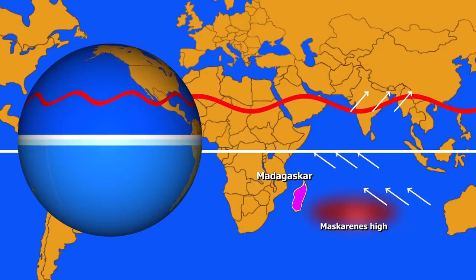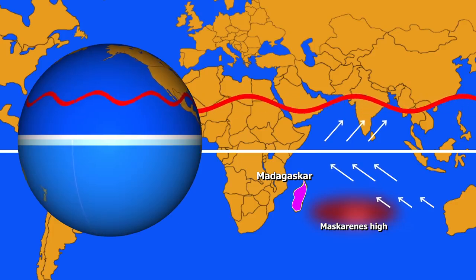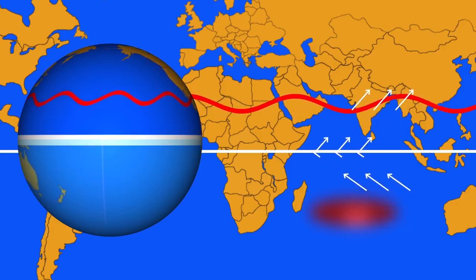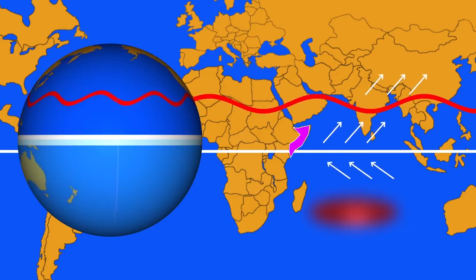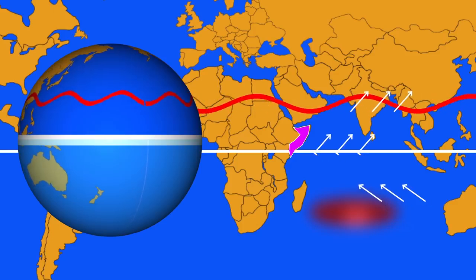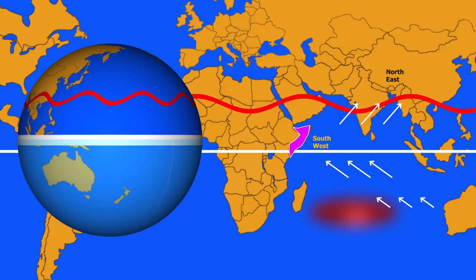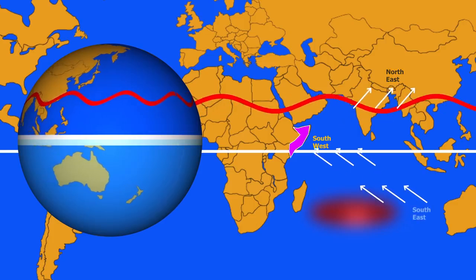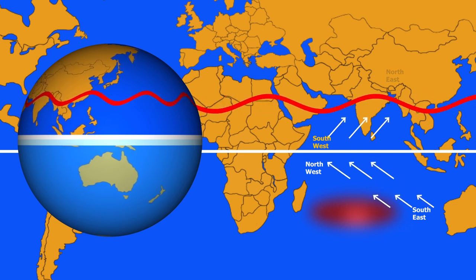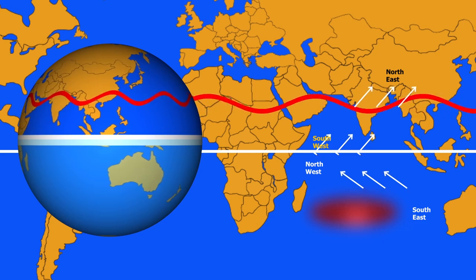Winds from Mascarene High head in a northwesterly direction towards the east coast of Africa. Here, the topography of Somalia deflects the wind towards the east. The winds now start moving from southwest to northeast. So, initially, the winds were blowing from southeast to northwest in the southern hemisphere. Now, the wind starts blowing from southwest to northeast in the northern hemisphere.